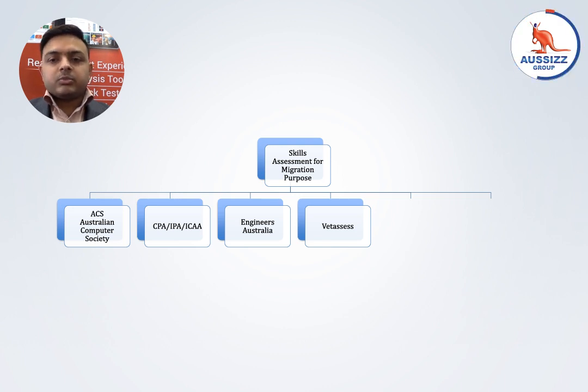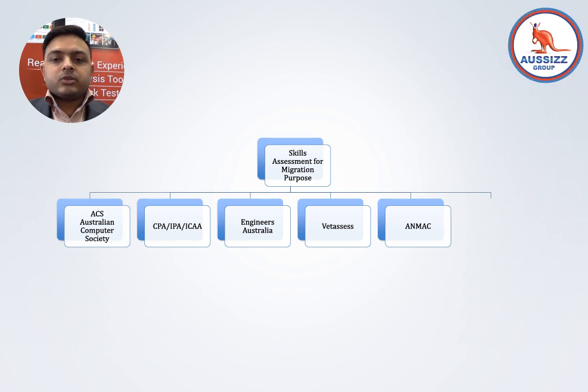Now, obviously, this assessment body specifically, VETASSESS, assesses many occupations, so the list is quite extensive. I'm just giving you a brief about the occupations covered by VETASSESS. But if you go through the occupation list on the DIBP's website and you find any occupation which says VETASSESS against it, then VETASSESS is the assessment body for those occupations.